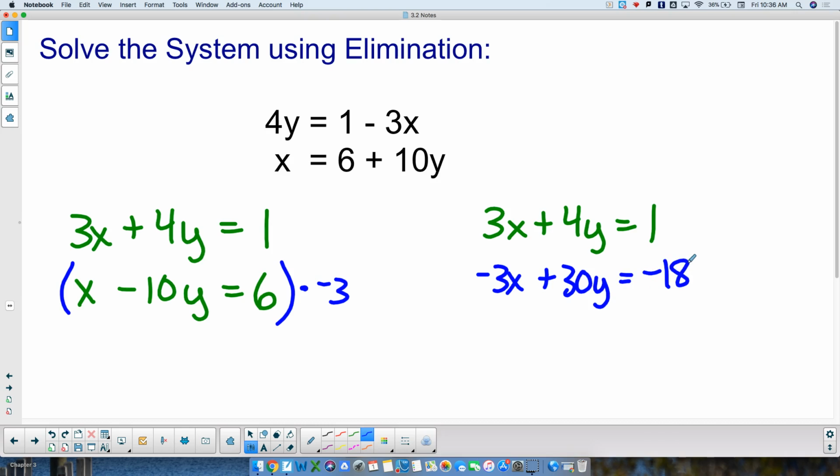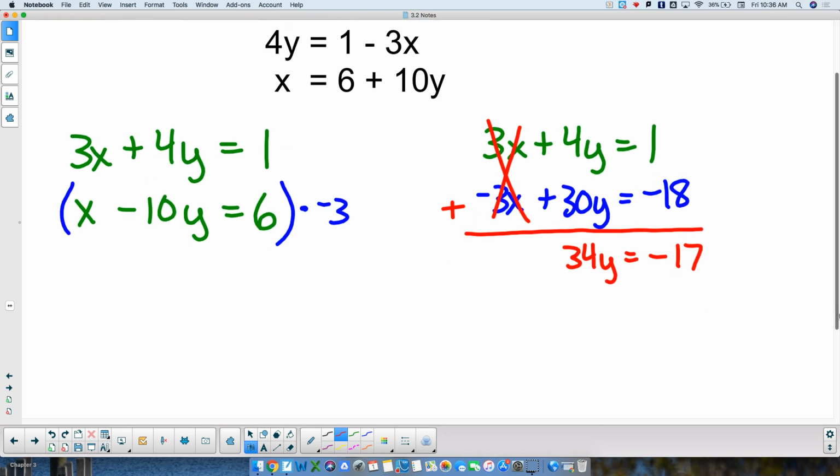Now I can add the equations because I have same coefficients, just in opposite form. That gives me 34y equals negative 17. Divide both sides by 34, I should say.